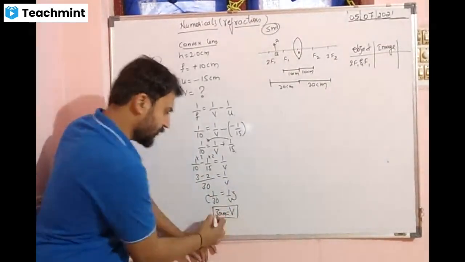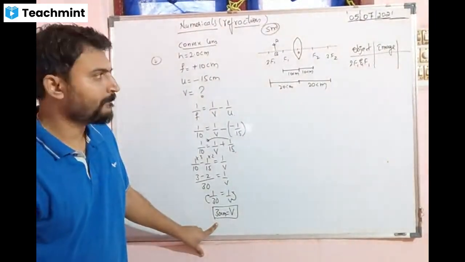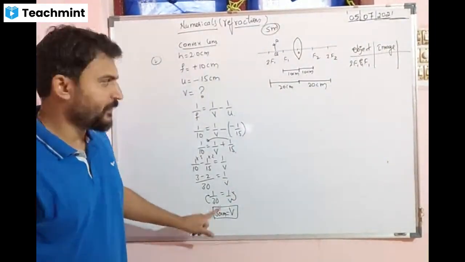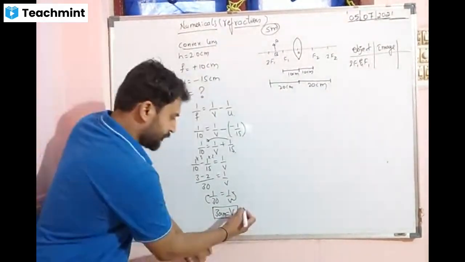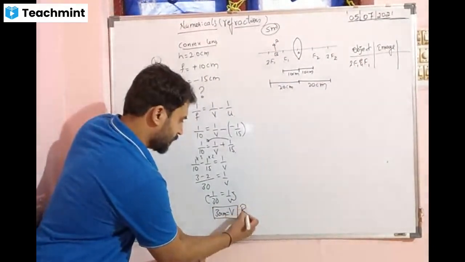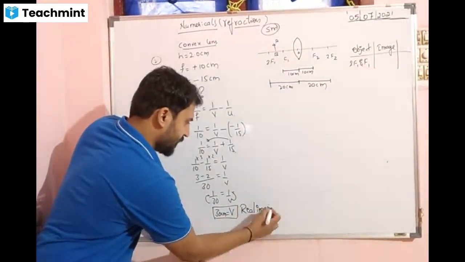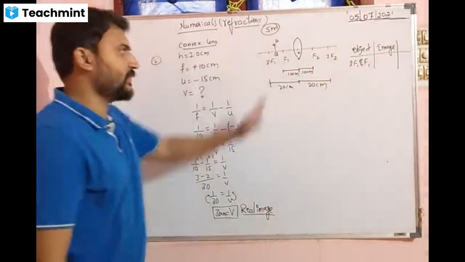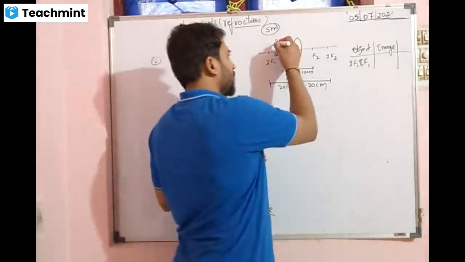Tell me, is V positive or negative? Positive. If V is positive, what type of image? Real, inverted image. Real image, isn't it? It means it will go towards the right side. It has to go towards the right side.